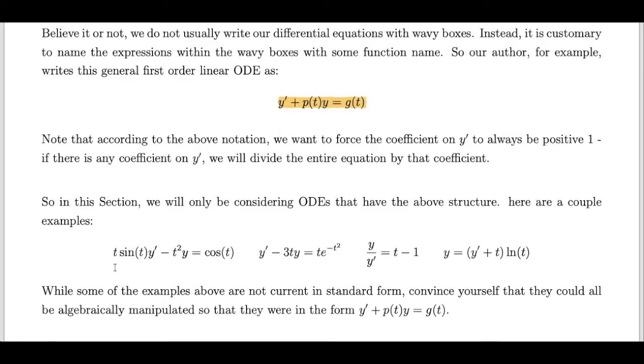For example, in this first differential equation, I have t sine of t times y prime. We just noted that this standard form requires the coefficient on y prime to be positive 1. So I could imagine taking this differential equation and as a first step just dividing the entire thing by t sine of t. And you should confirm that the same is true for the other examples that I've provided here.